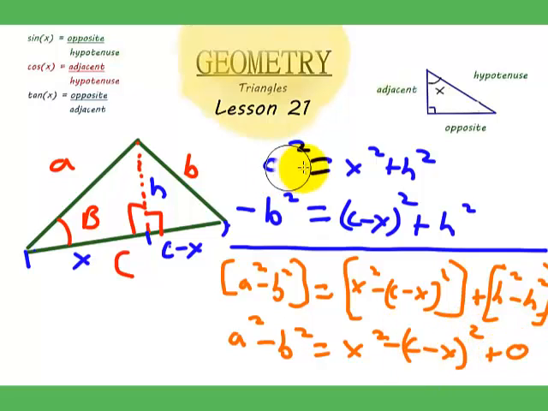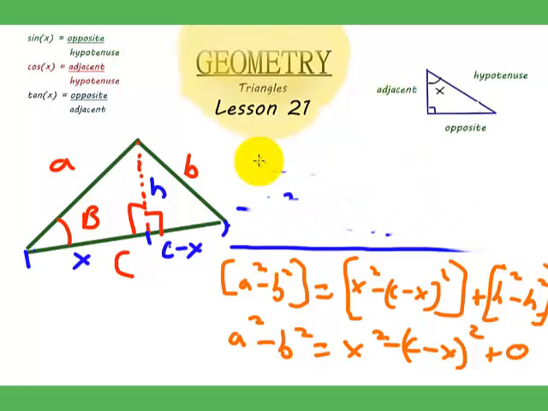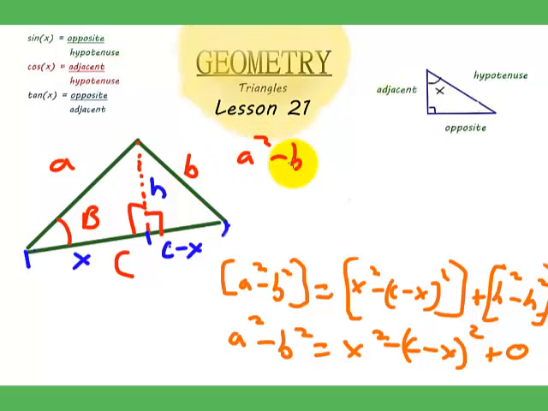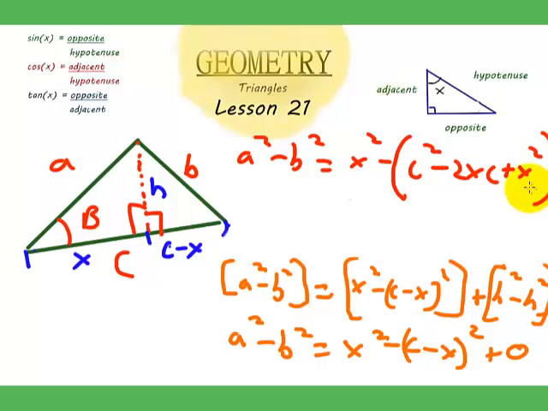Now, let's rub the top part out here. And now let's continue. Let's expand (c minus x) squared. First, write the equation out, and then minus, and in the bracket to get (c minus x) squared, we get c squared minus 2xc plus x squared. Bracket close.